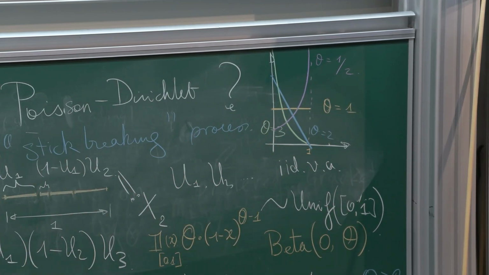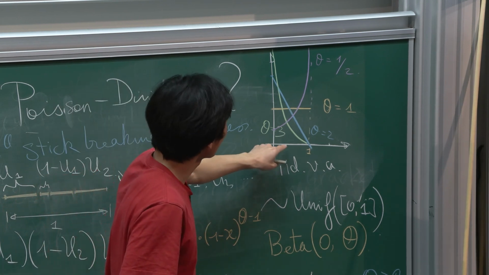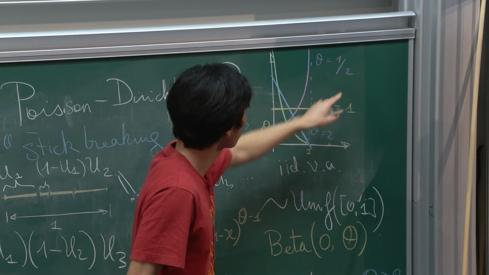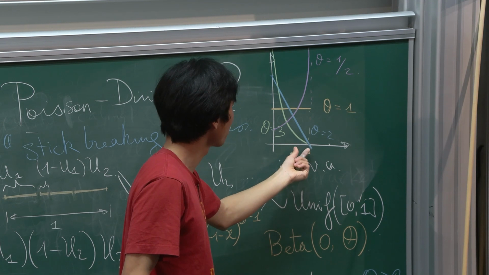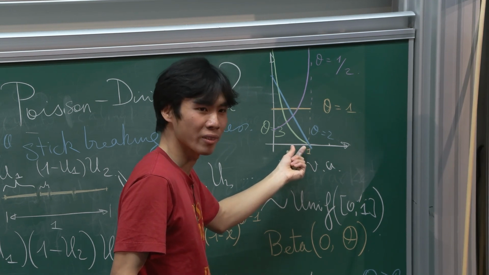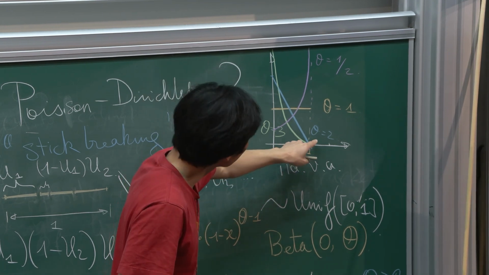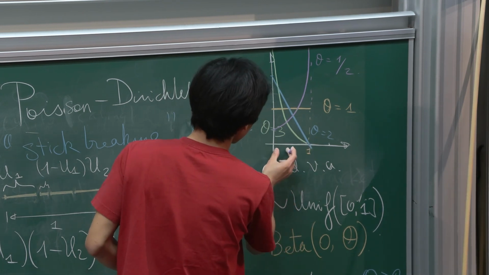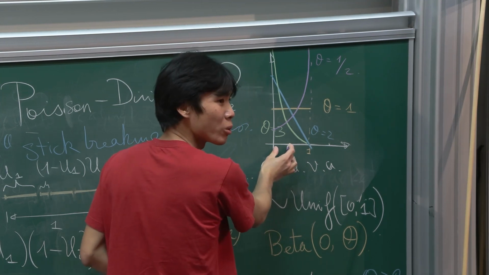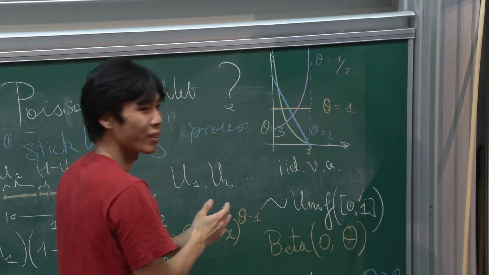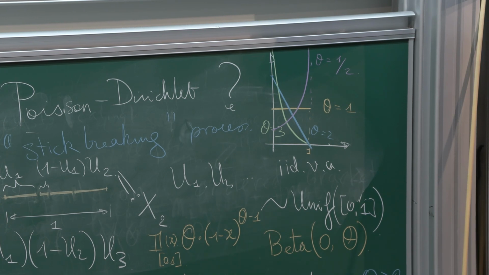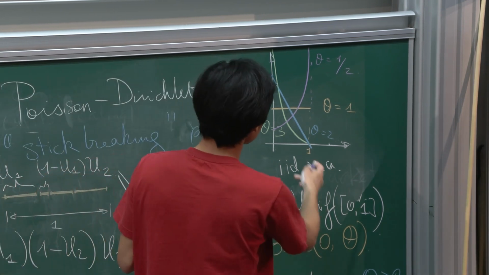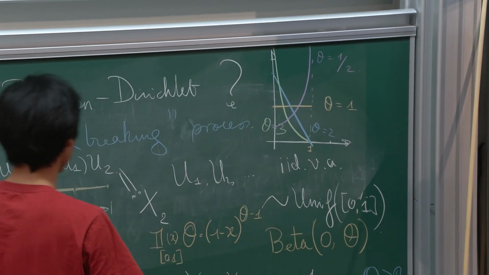So basically it tells you that, for example, when theta is smaller than 1, it's more likely to pick a huge piece. It's a big piece. And if it's greater than 1, your measure will concentrate on this side. So you have the tendency to cut a small piece. Just to explain why I always say this big piece: every time you cut, you have the tendency to cut a big piece.